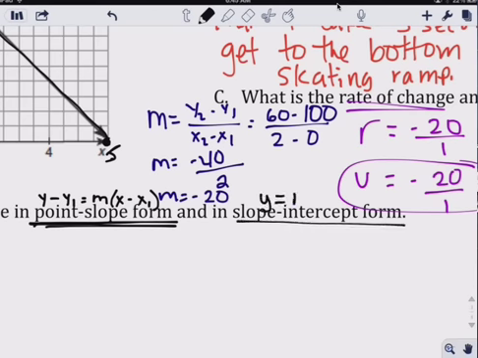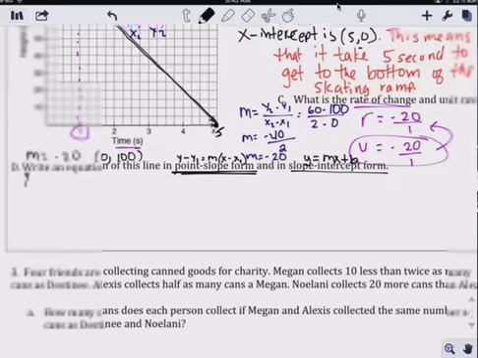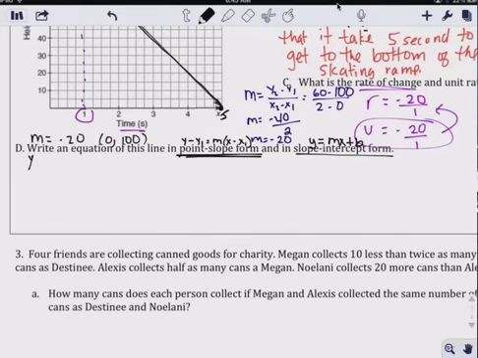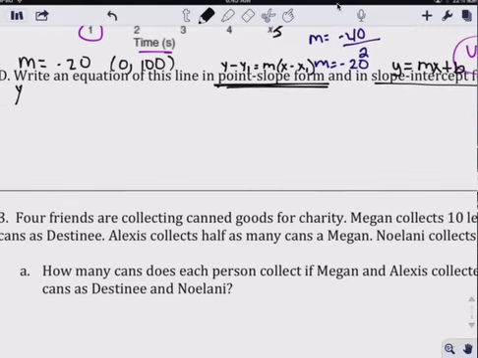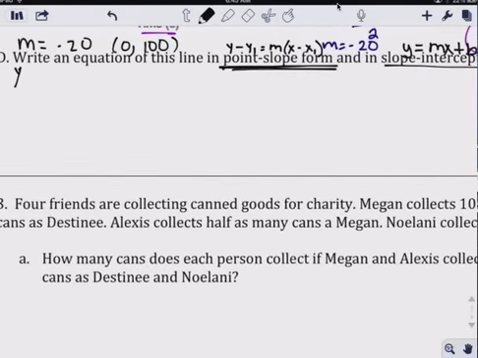Y equals mx plus b. Minus y1 equals m. Well, I already have it in here, so I'm not going to write it again.